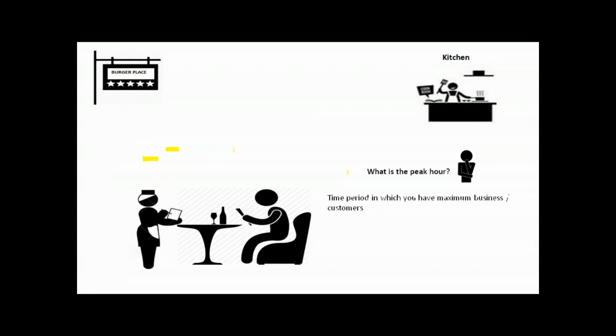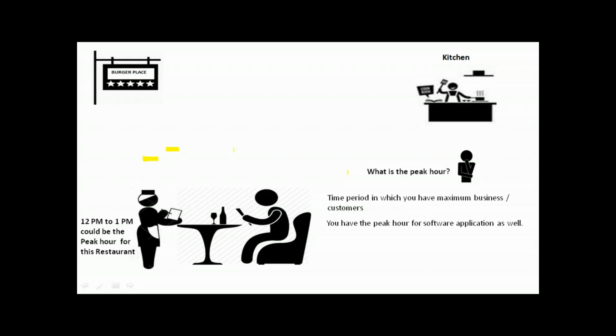What is the peak hour? That's when you have the maximum customers, or rush hour as you said. Just like a restaurant has a peak hour, applications also have a peak hour, wherein the maximum number of users will come and use the application. Let's go back to our Gmail application.